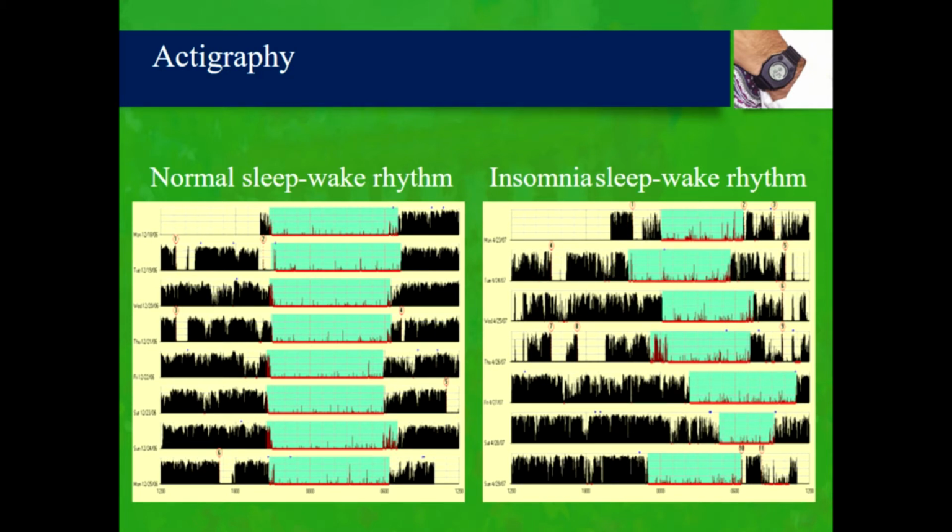So what you see here on the left-hand side is someone with a normal sleep-wake rhythm. You see how regular the sleep times are and the waking up times. The black bars detect level of activity. You see that someone on the left is very active throughout the day. And you see on the right-hand side that someone with insomnia has a much more broken pattern. They're very active in their sleep. Their wake times are quite irregular.